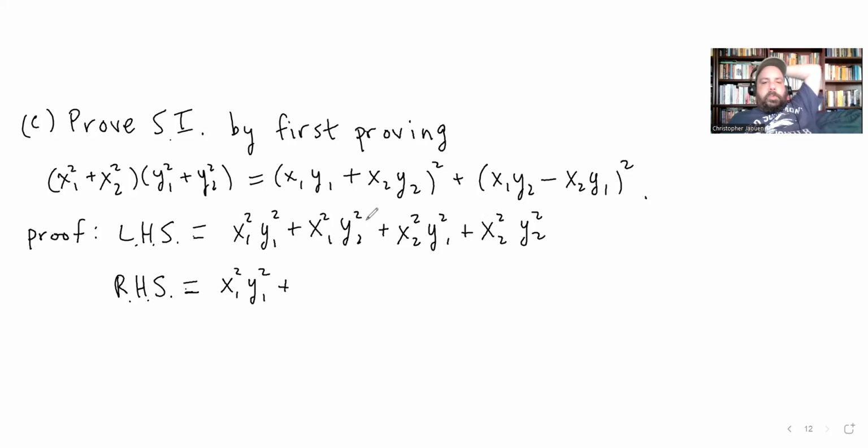And the right-hand side, when you multiply that out, you get two middle terms. For the first term being squared, you get two terms that have a factor of x1 y1 x2 y2, so I'll just write it as 2 times that.